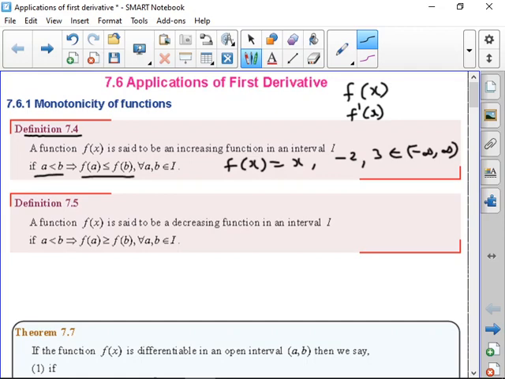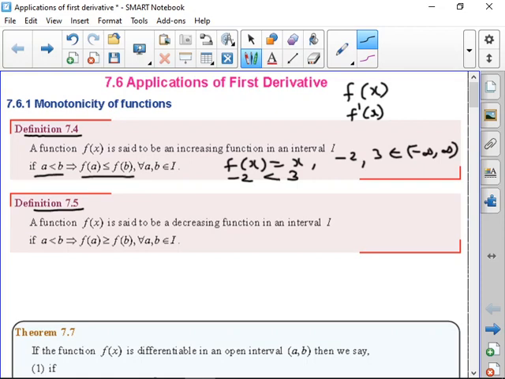Then f of minus 2 is minus 2, and f of 3 is 3. So f of minus 2 is less than f of 3. Therefore we say that it is an increasing function. Clear?